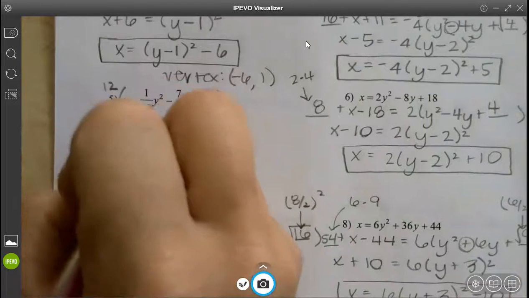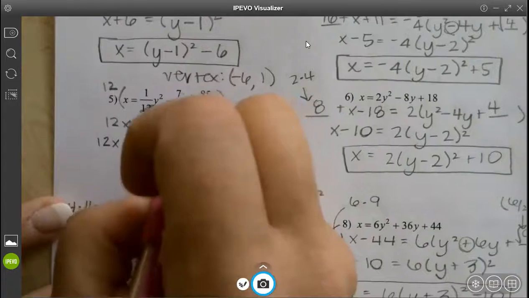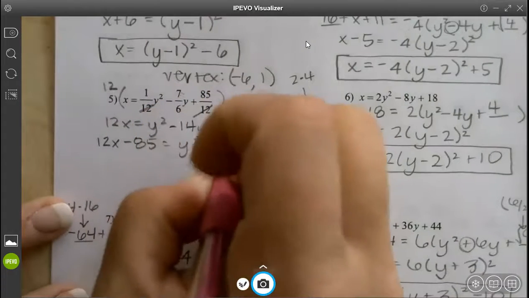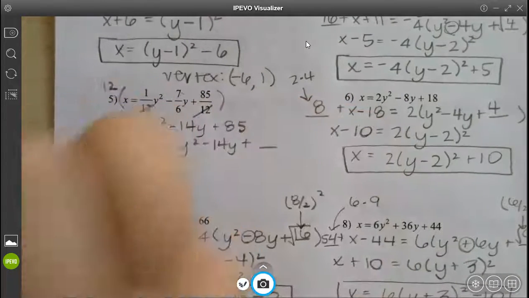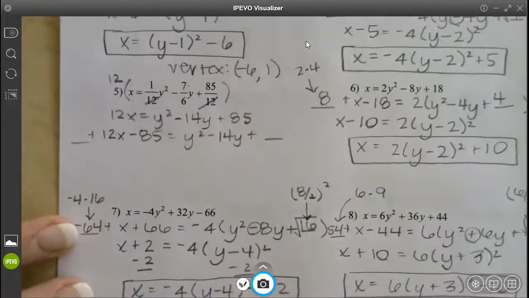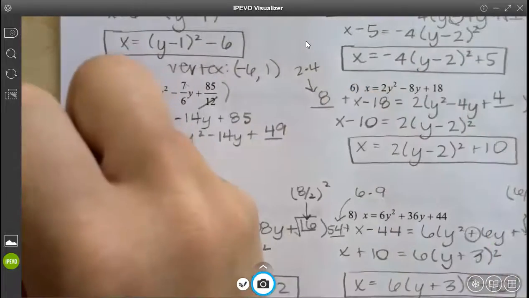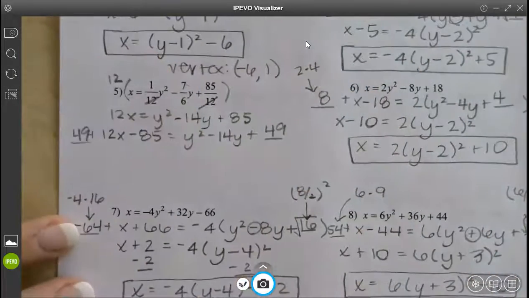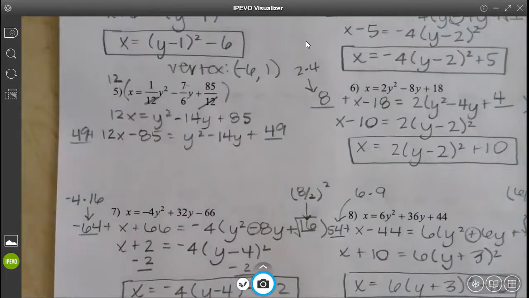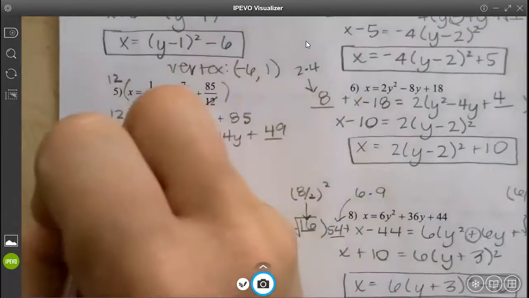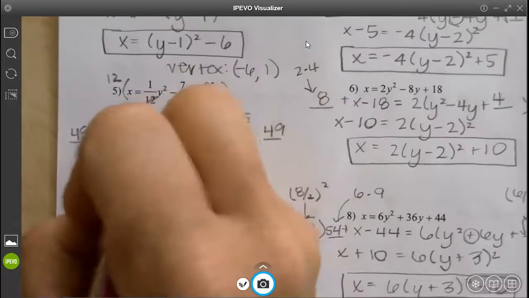12x minus 85 equals y squared minus 14y. Put your plus blanks. We've done this a couple times. 14 divided by 2 is 7. Squared is 49. Clean it up again. 49 minus 85 is negative 36.